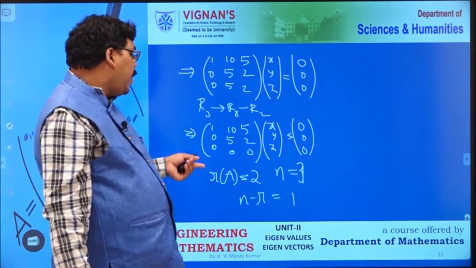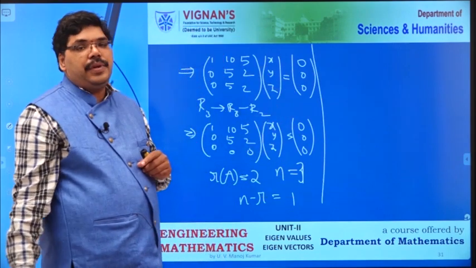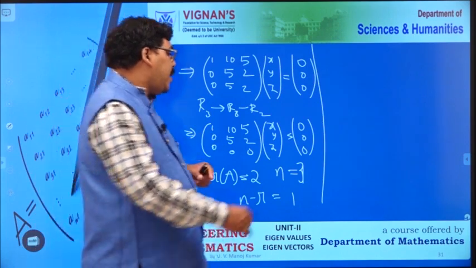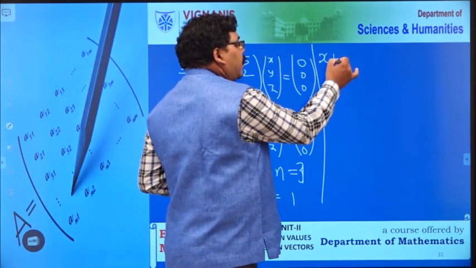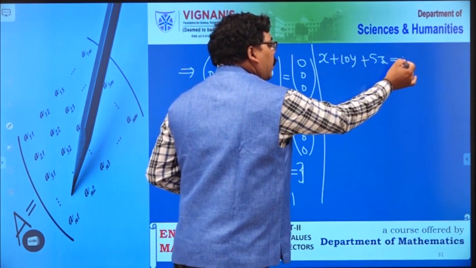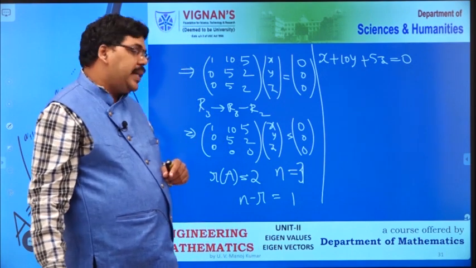Okay. So when we convert this matrix equation into linear equations, x plus 10y plus 5z equals 0, and 5y plus 2z equals 0.